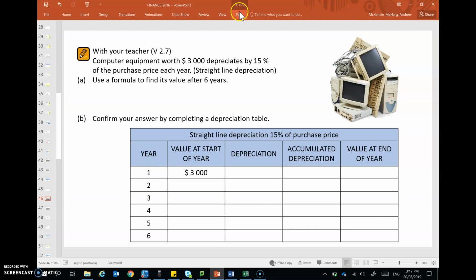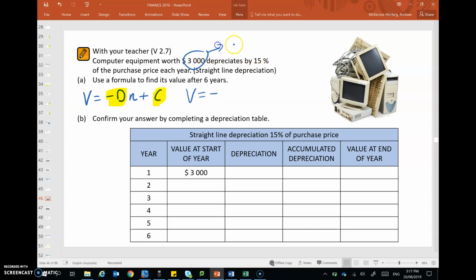That would involve a formula where the value is equal to negative D, the depreciation, times N, plus the original cost. So V and N are going to stay as is, but we need to find numbers to replace D and C in the equation. So V equals negative, 15% of the purchase price.